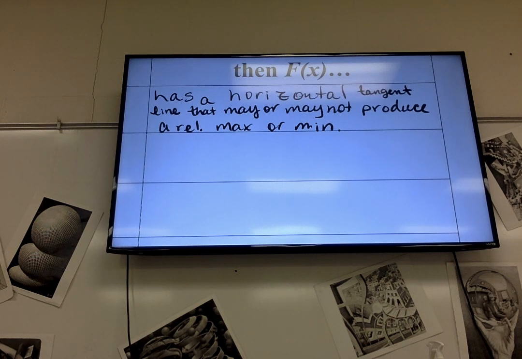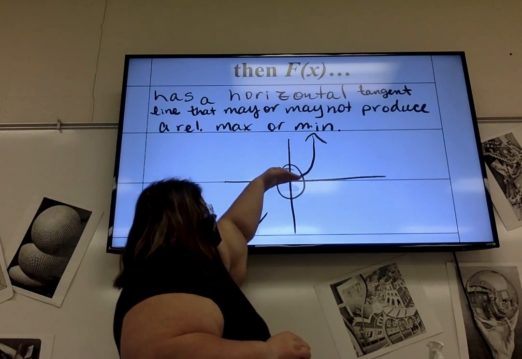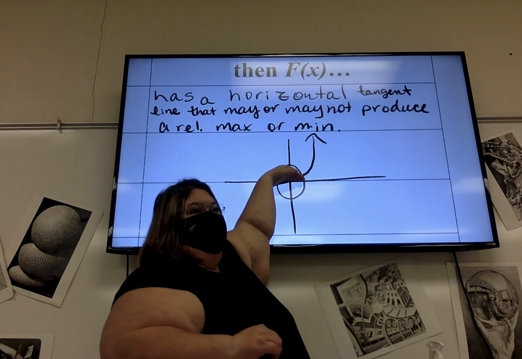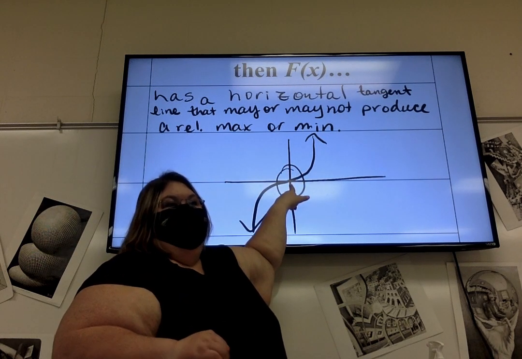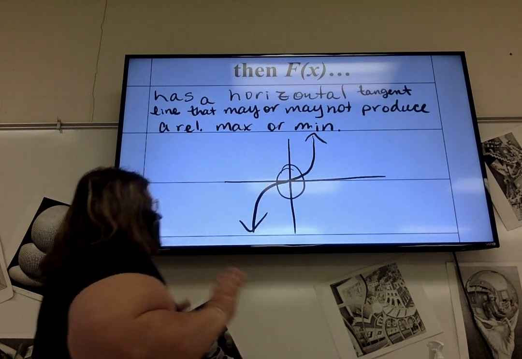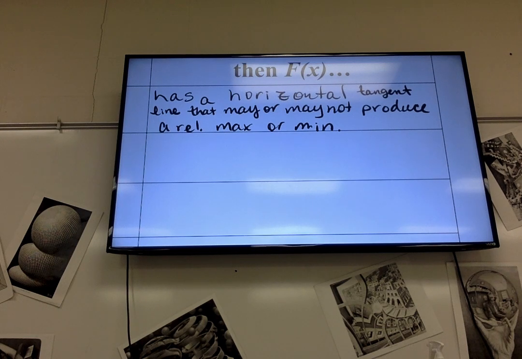For example, I'll write it here and then I'll erase it. Right here is a horizontal tangent line. It flattens out right there just for a second, but it's not a max or a min. Even though it's 0, a negative 1 would be lower than 0.